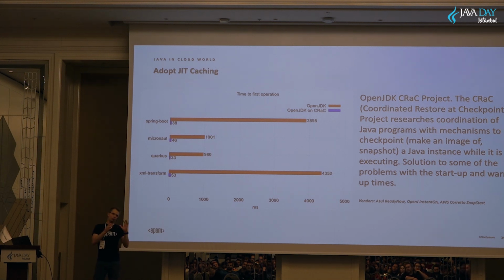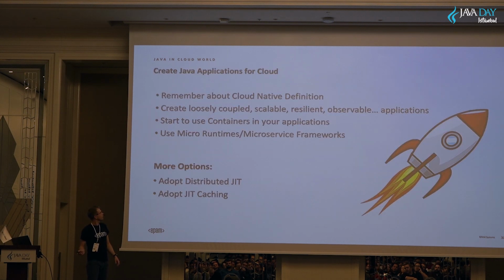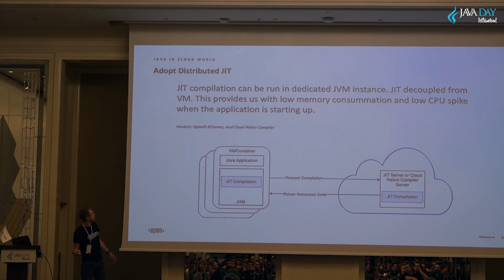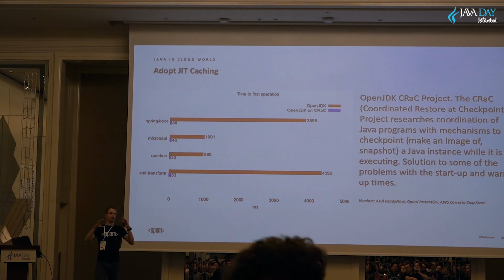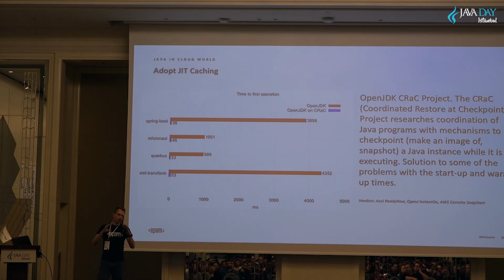Again, we have microservices frameworks, which allow us to create native applications. We have these approaches. An interesting thing here regarding distributed JIT and JIT caching is that in this case, we can leave our code, our JVM, Java standards, which we are using right now, as is.